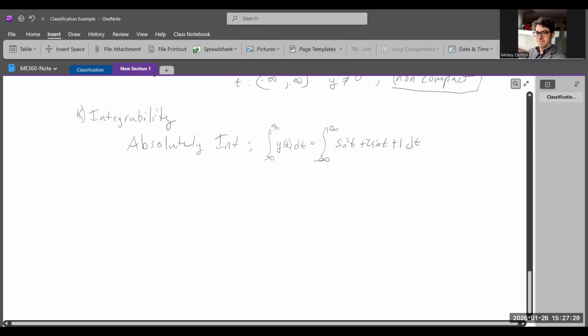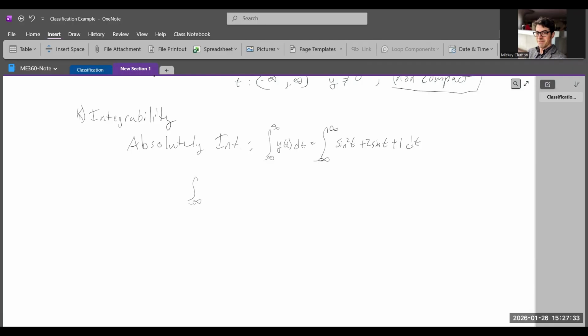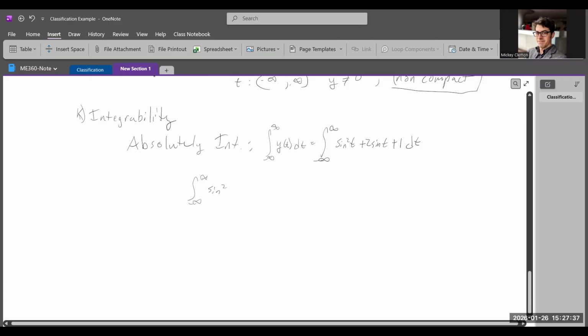All right, so we'll take this in parts. So we'll do the integral of sine squared t dt, the integral of 2 sine t, and the integral of 1.